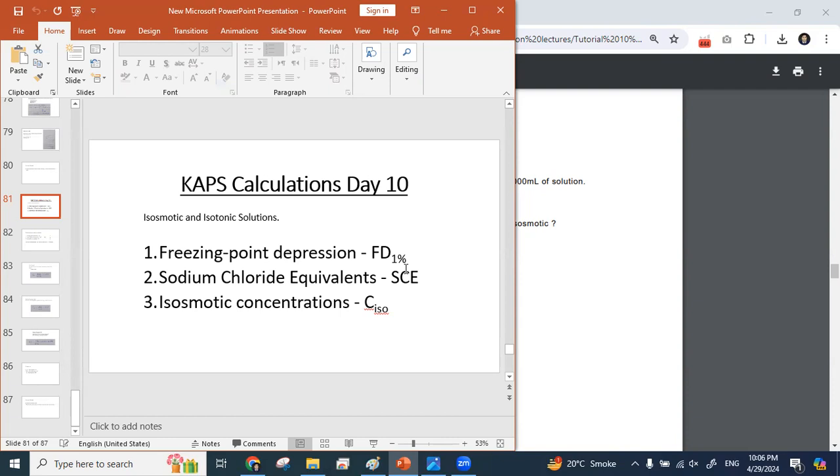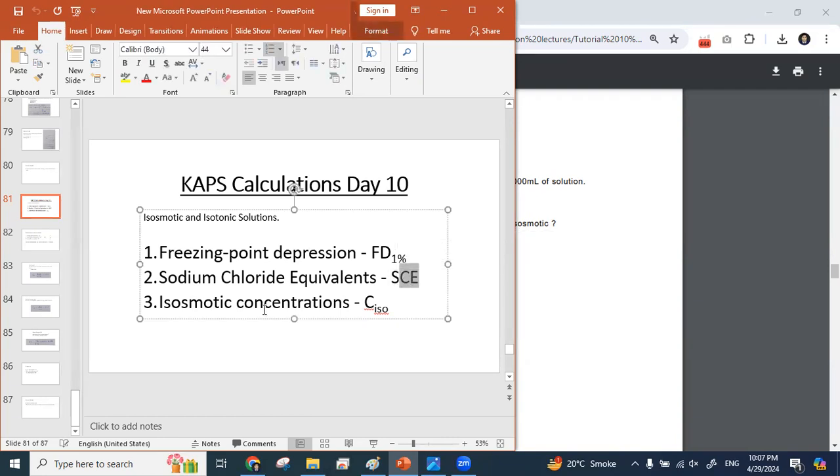Second thing is sodium chloride equivalents. We know that 0.9% is an isotonic solution. So we will relate other ingredients of the solution to this sodium chloride. The value of sodium chloride equivalent will also be given. Then the third thing we'll discuss is isosmotic concentrations.